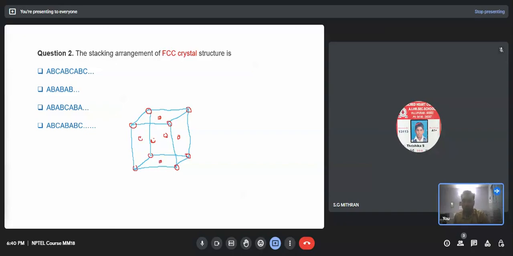Now here I'll show how it is arranged. I'll show it with different colors, then it will be understandable for everybody.